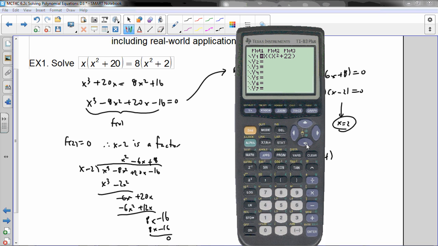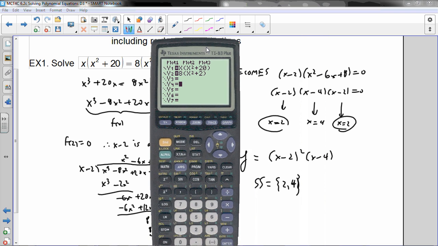Degree 3. And this one, the right side, is just a parabola, right? There's no x cubed over here. Plus 2. And I'm going to graph that. Change that to 20 like it's supposed to be. And I should find 2 solutions, one at 2 and one at 4.